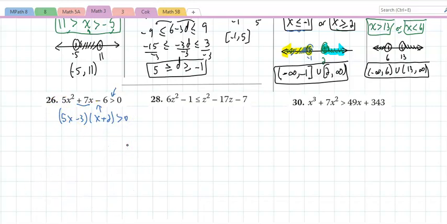Now students are tempted to set this to be bigger than 0 and set this to be bigger than 0, and you can't do that, of course. The reason you can't do that is this is no longer a linear inequality.